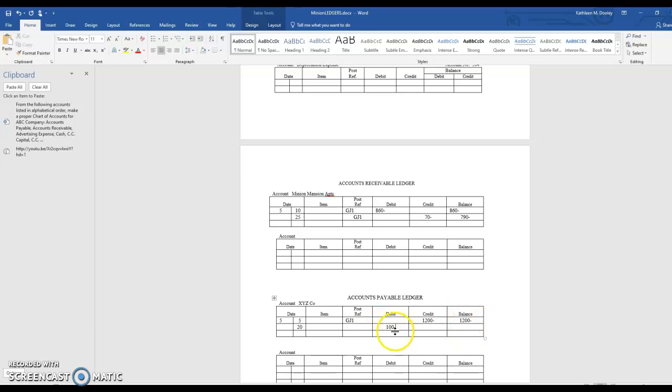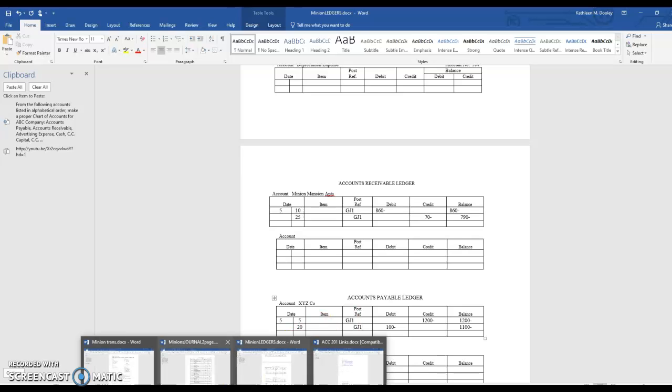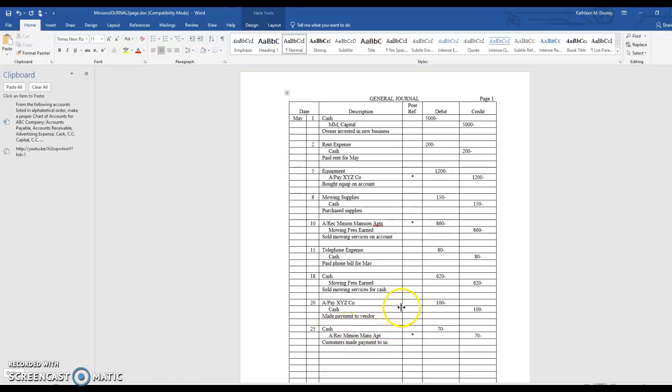Okay, this is a debit. Credit and debit is subtract. So that's 1,100 is our new balance of what we owe out. Where did this come from? GJ1. Go to the journal, and we can put our asterisk there. Okay, those subsidiary ledger things need to be posted immediately.